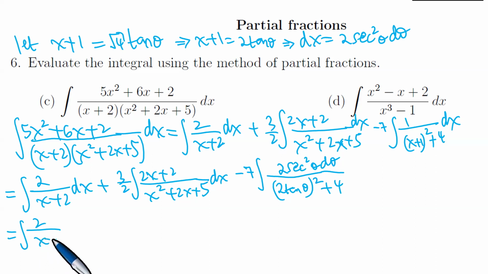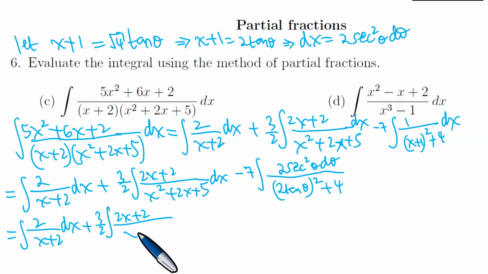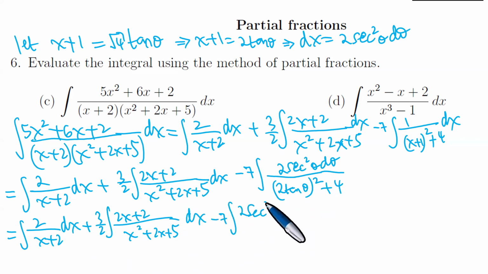2 over x plus 2 dx, 3 over 2, the integral of 2x plus 2 over x squared plus 2x plus 5 dx, 2 sec squared theta d theta. So it becomes 4 tan squared theta plus 4.